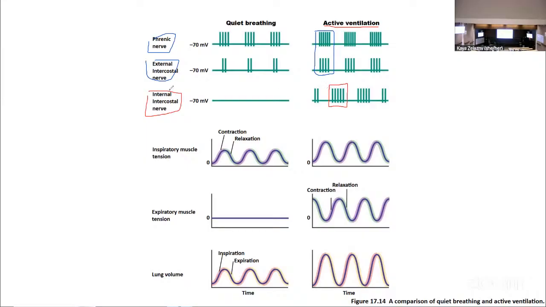So we need that internal intercostal nerve to activate as well, so that we see some tension being generated in that expiratory muscle and lets us push air harder and most probably move more air. So greater lung volumes here. So we're going from our tidal breaths, so tidal volumes, to maybe that IRV and ERV if we are actively breathing in and out hard.